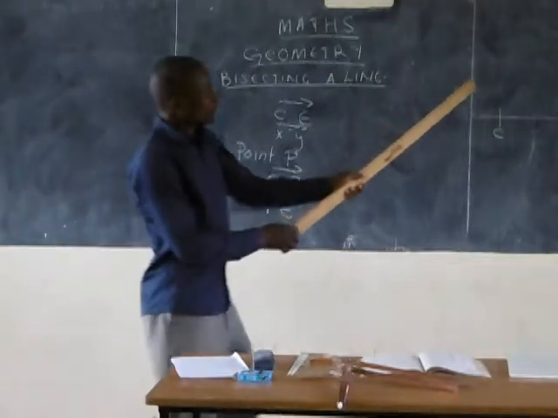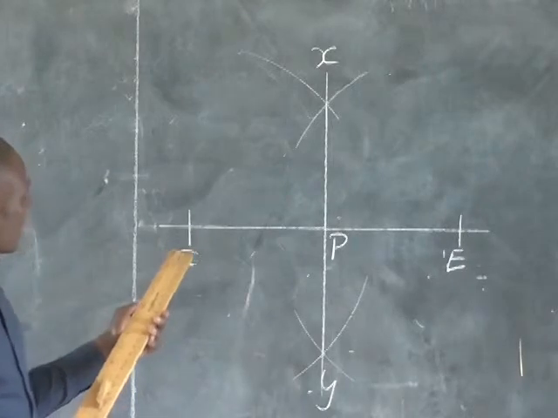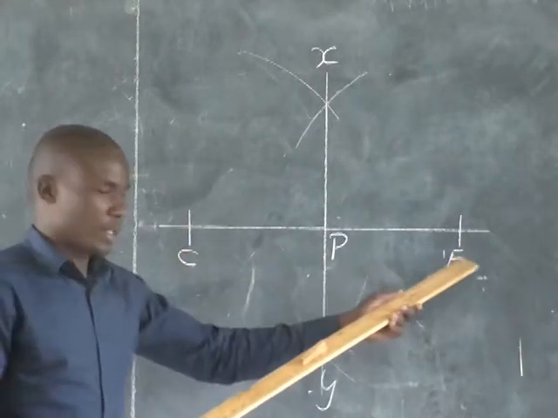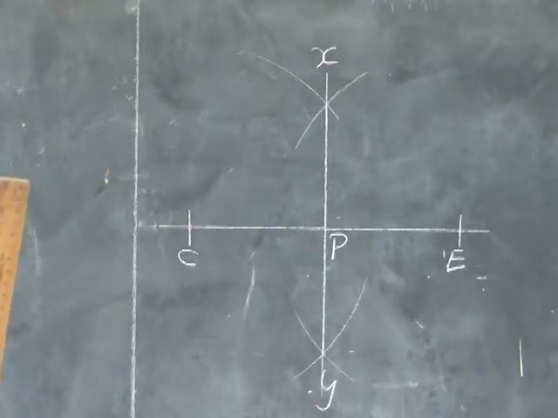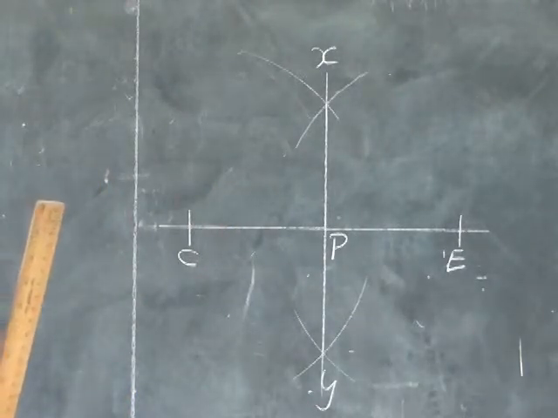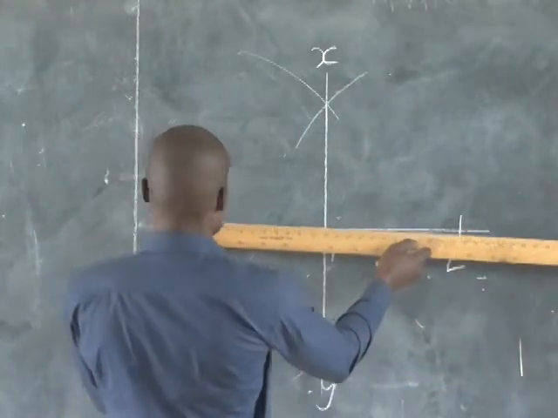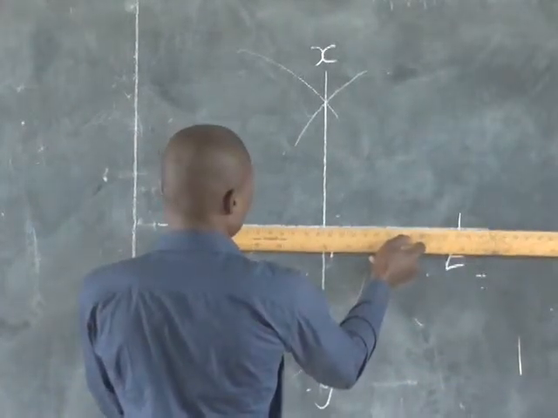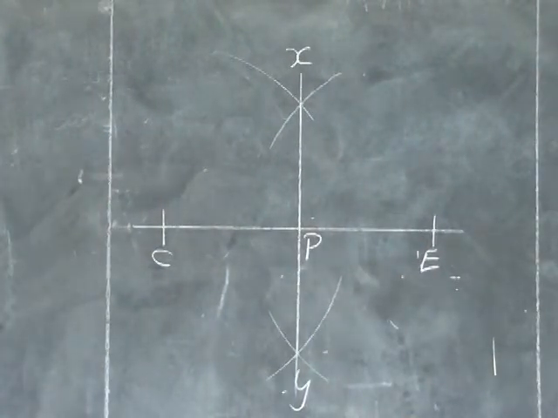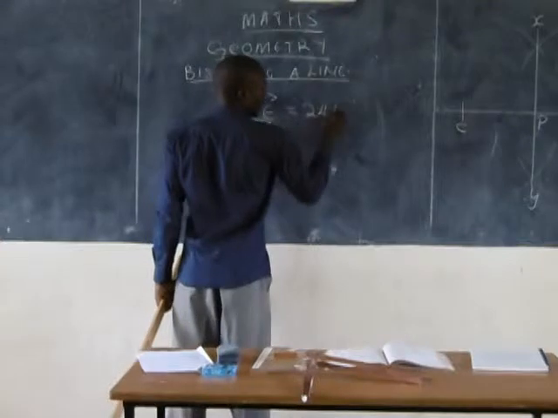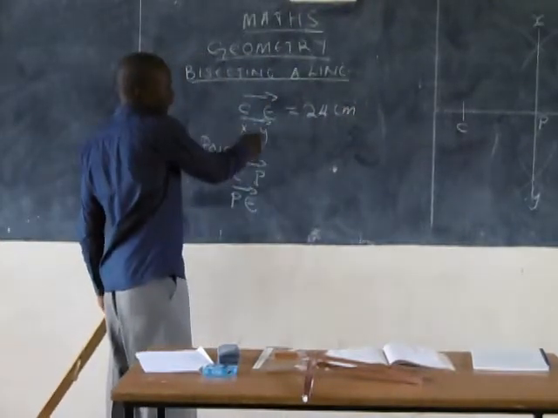Now, from our construction, we need to measure line CE so that we get the measurements. Let us start. Let us measure CE. Mine is 24 centimeters. Let us go to XY.